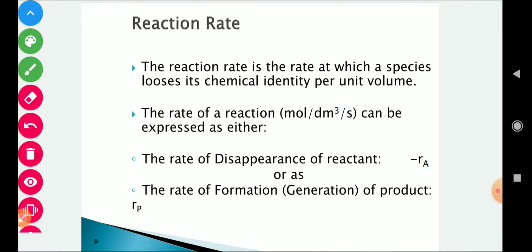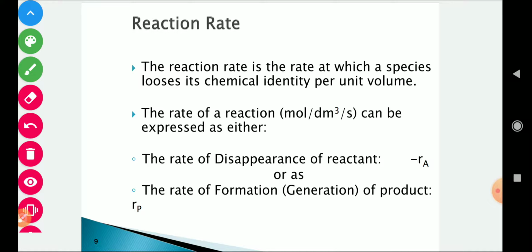The reaction rate is the rate at which a species loses its chemical identity per unit volume. The rate of reaction can be expressed as either the rate of disappearance of the reactant or the rate of formation of the product, because in a chemical reaction the reactant is disappearing and product is forming.